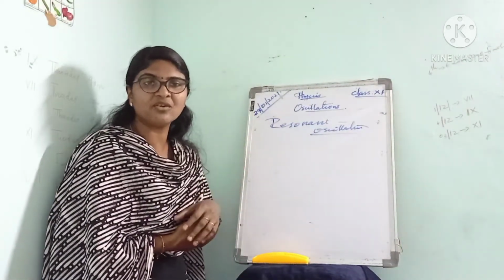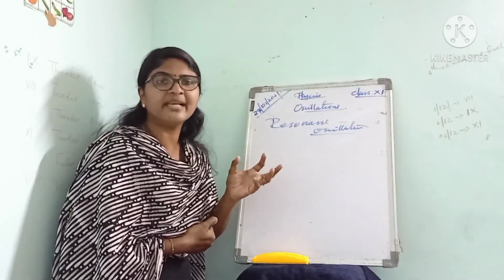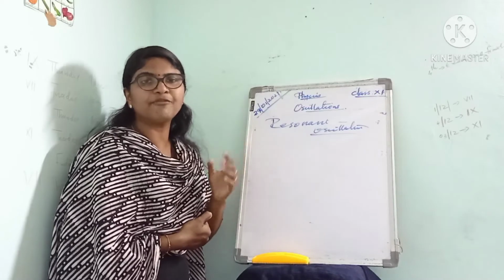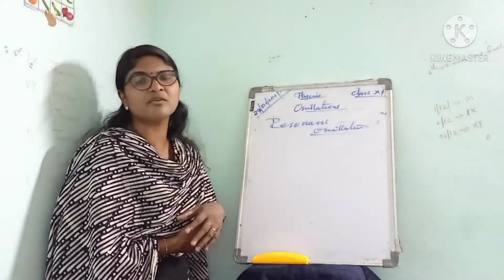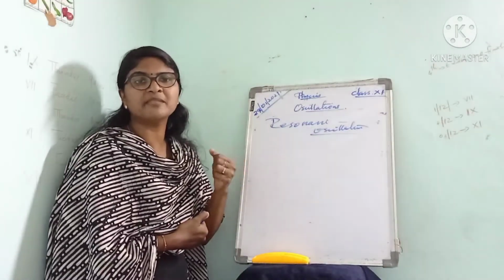It is a particular case of forced oscillations in which the frequency of the driving force is equal to the natural frequency of the oscillator itself, and the amplitude of oscillations becomes very high.